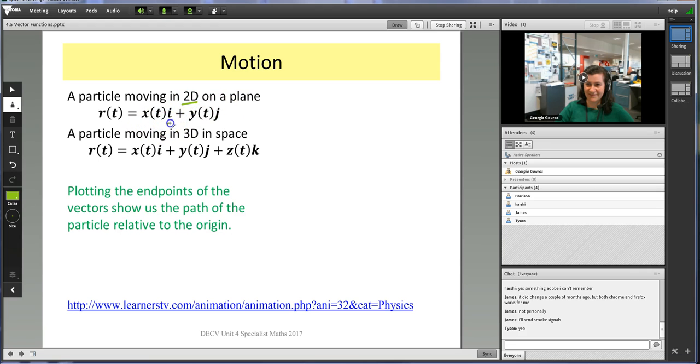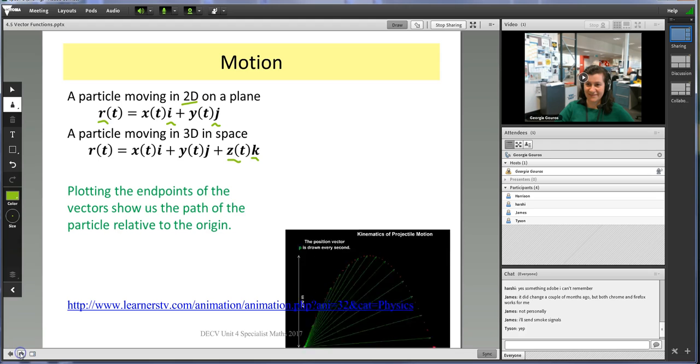Okay, so this is just on the xy plane. We can define functions. x is a function of t and y is a function of t, and this particle is moving as a function of time, and the x and the y act independently, and they're both functions of time. And then we can of course extend this to 3D by introducing the third component k.